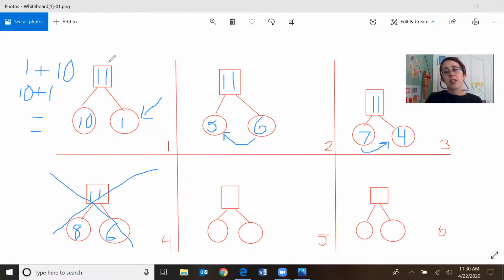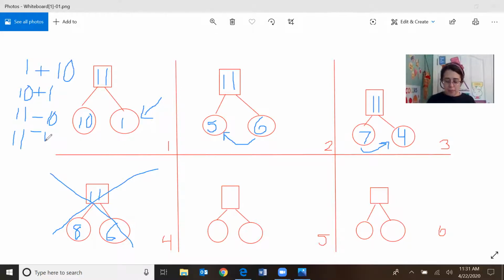When we subtract, we always start with the whole, the 11, both times. 11 take away the part of 10 gives me 1 left over. And 11 take away the part of just 1 gives me 10 left over.